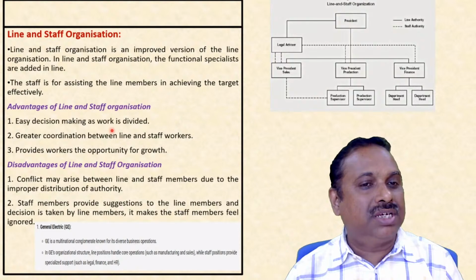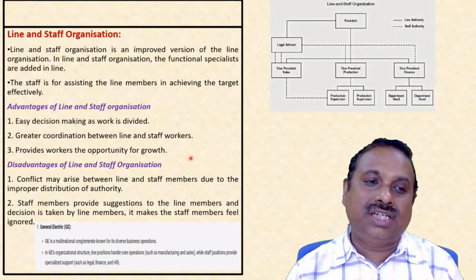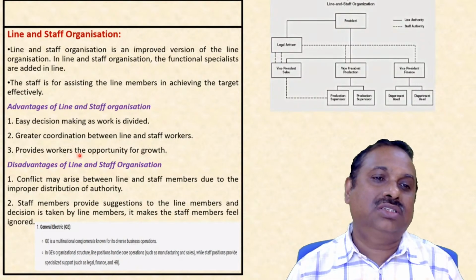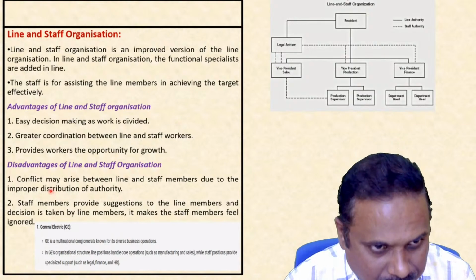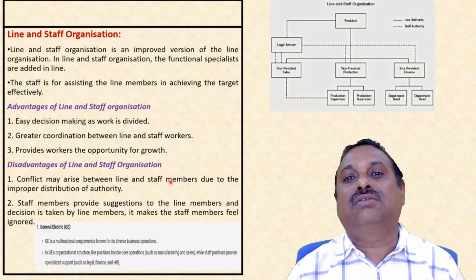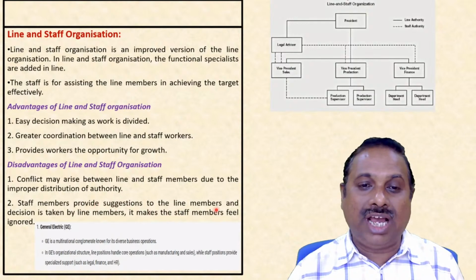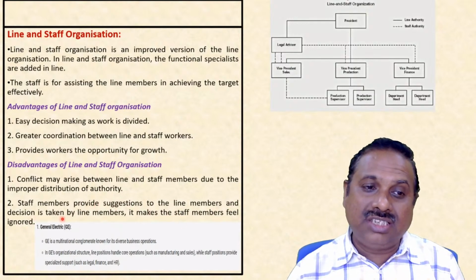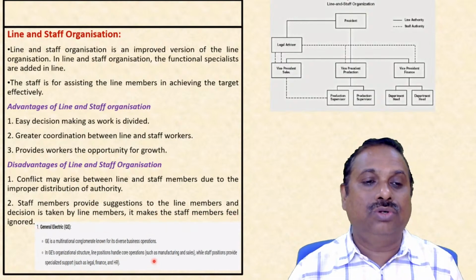Easy decision making as work is divided, greater coordination between line and staff, and providing workers the opportunity for growth. The disadvantage is that conflict may arise between line and staff. Staff members provide suggestions to the line members and the decision is taken by the line member, which makes the staff members feel ignored.